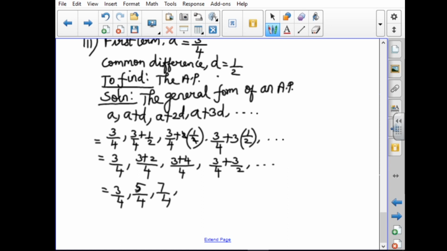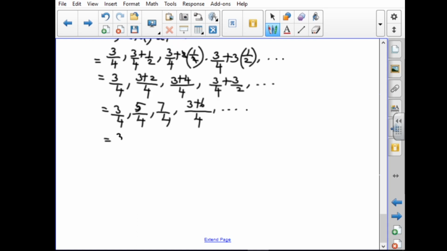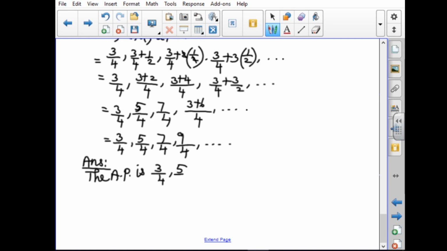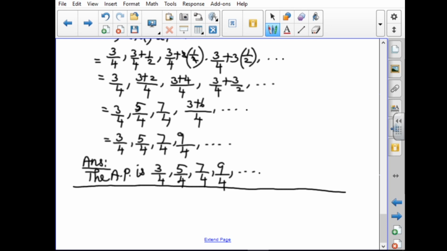If you take LCM as 4, it is 3 plus 6, etc. That is 3 by 4, 5 by 4, 7 by 4, 9 by 4, etc. So the answer, the AP is 3 by 4, 5 by 4, 7 by 4, 9 by 4, etc. In the maths, for each sum, try to write the answer in the last.